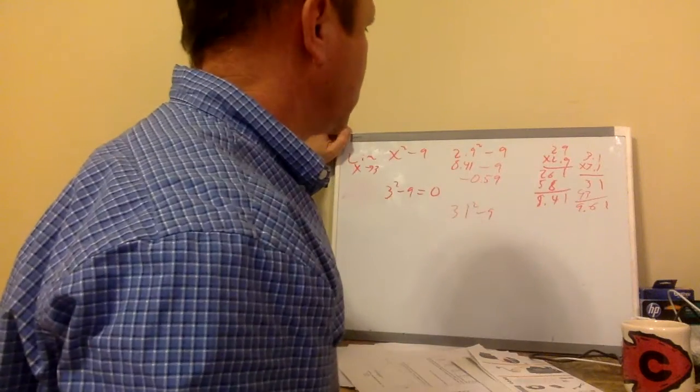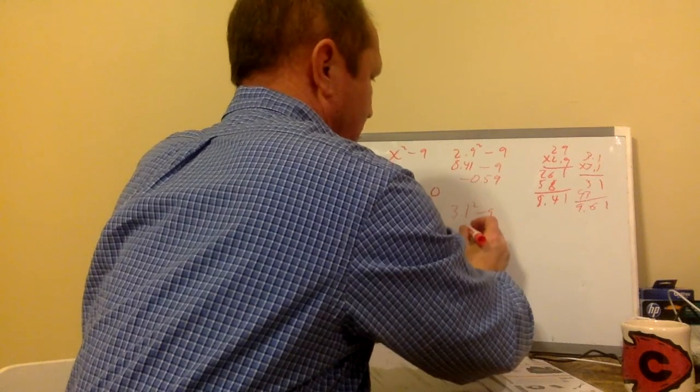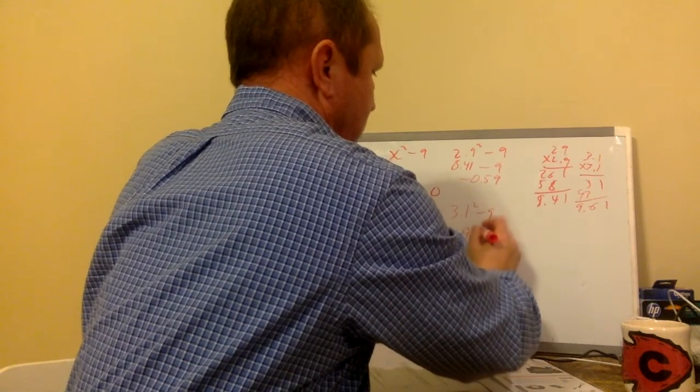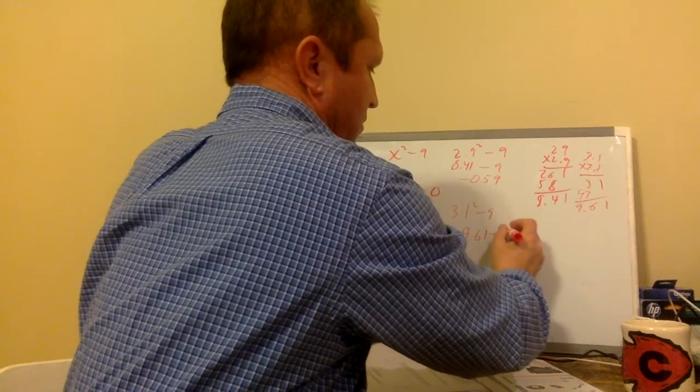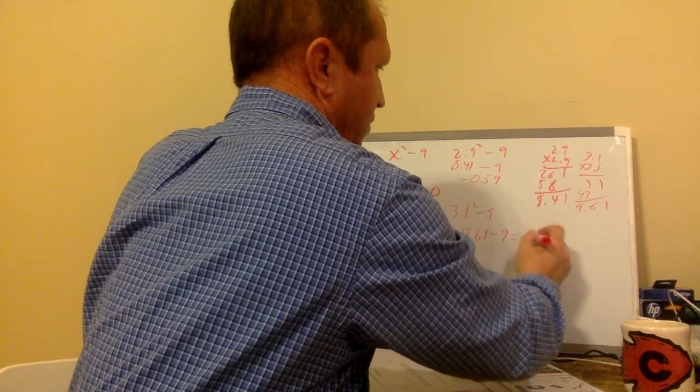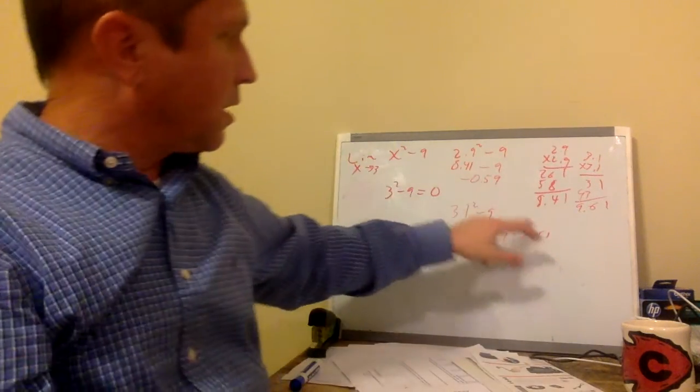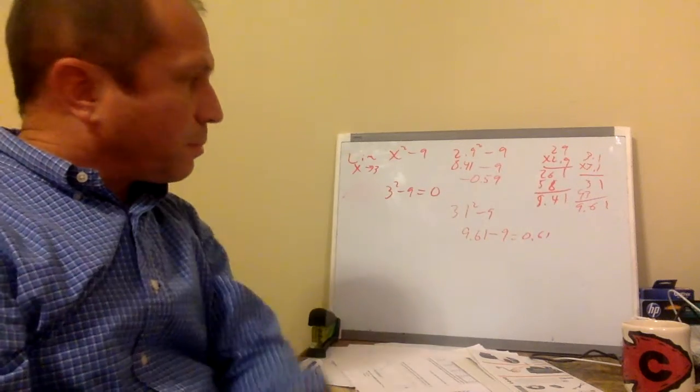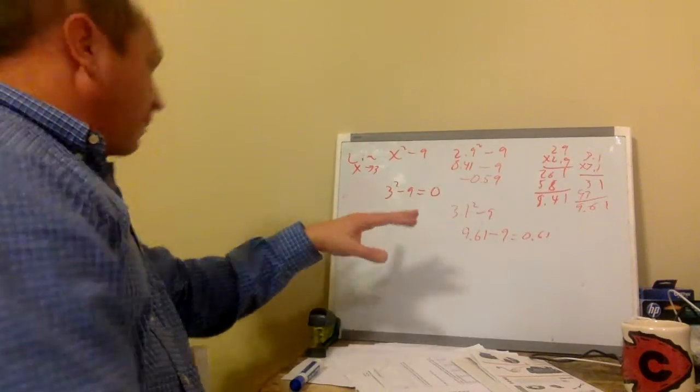Get 9.61, and if I take 9.61 and I subtract 9 from it, I get 0.61. So again, it's another number that's in there that's pretty close to 0. So the limit is there.